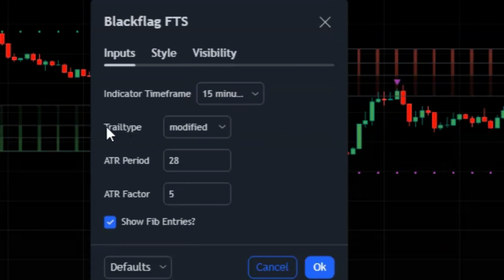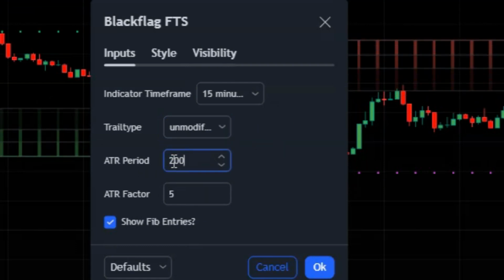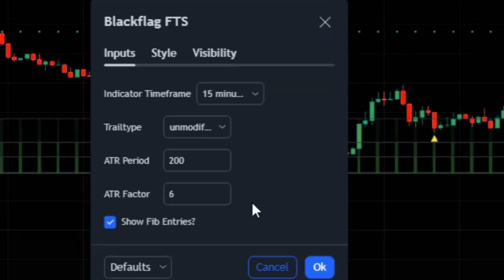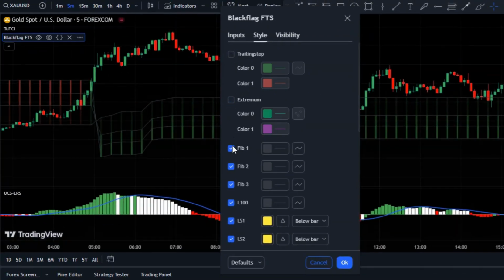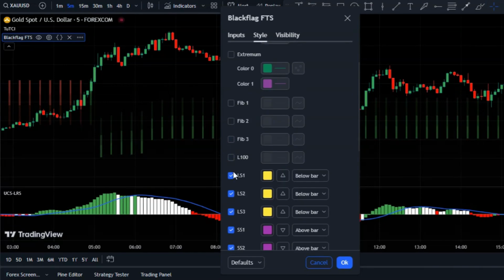Next, change the trail type to unmodified. And then set the ATR period to 200 and the ATR factor to 6. Next, in the style section, only leave the last plot background enabled.